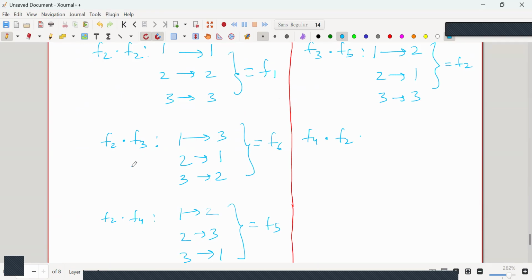So this will be 2, 3, 1, 2. 1 will map to 3, 2 will map to 1, and 3 will map to 2. So this is F6.